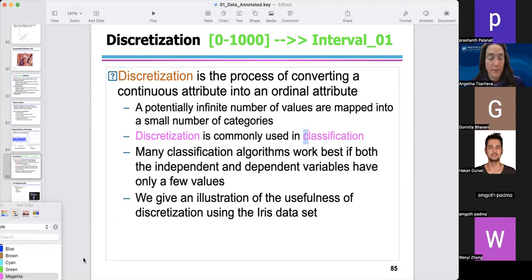So it will help us to create this kind of intervals because our algorithms run faster as they have less number of values to deal with. So we are getting rid of 1,000 values here and saying, all this is interval 1. I'm going to only record this as interval 1.